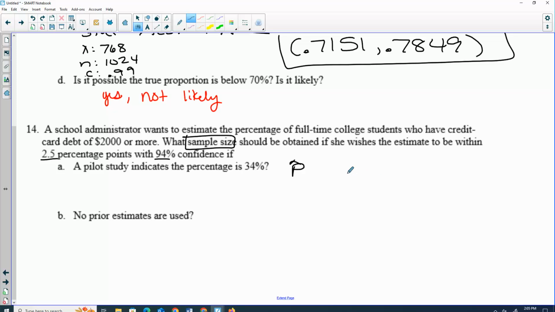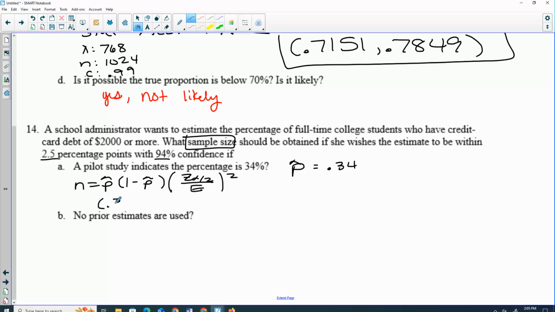Okay, so when we're looking at this formula, we have a P. So that means we can use the first formula. P hat, 1 minus P hat, times Z alpha over 2 divided by E squared.